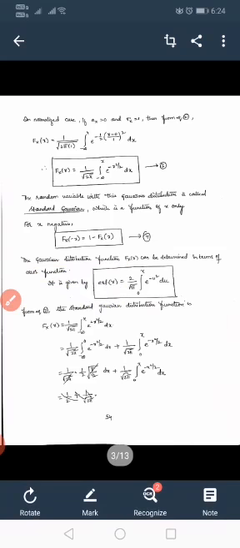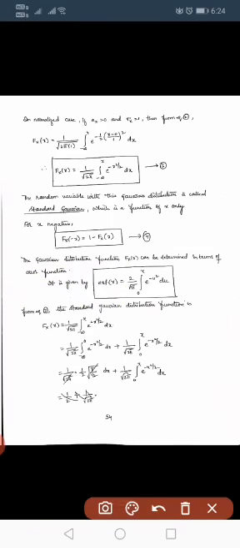Now let us consider the standard Gaussian distribution function. FX(x) equal to 1 by root 2 pi, integral minus infinity to x, e power minus x square by 2, dx. Let us consider this formula and split the integral into two parts, minus infinity to 0 and 0 to x.